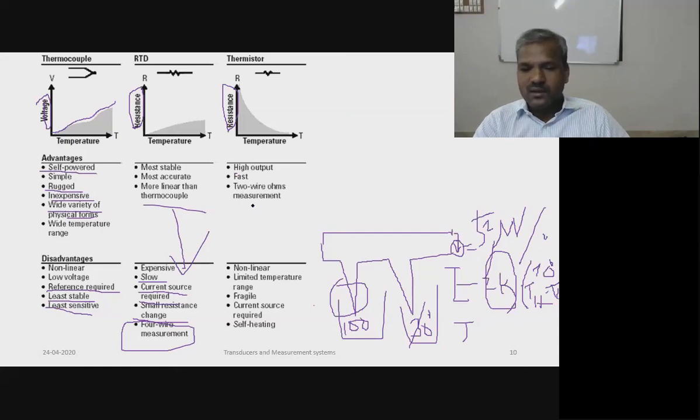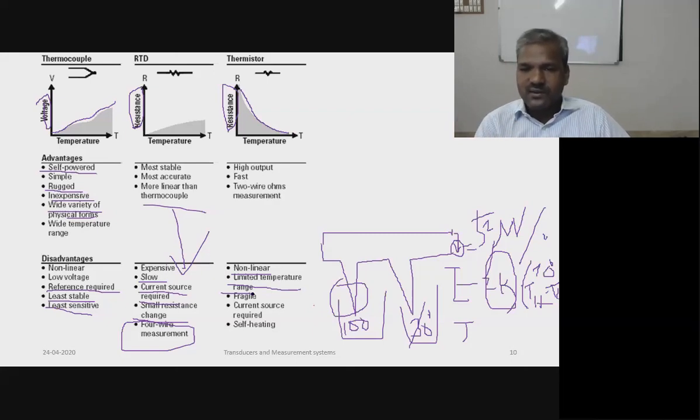No need for 3 or 4 wires. The major disadvantage is that it requires a linearization circuit because, as you see here, it is totally non-linear, with a negative coefficient. Another important disadvantage is that the range is limited, depending on the resistance value of the thermistor. We normally prefer high resistance values, 10K, 20K, 30K.